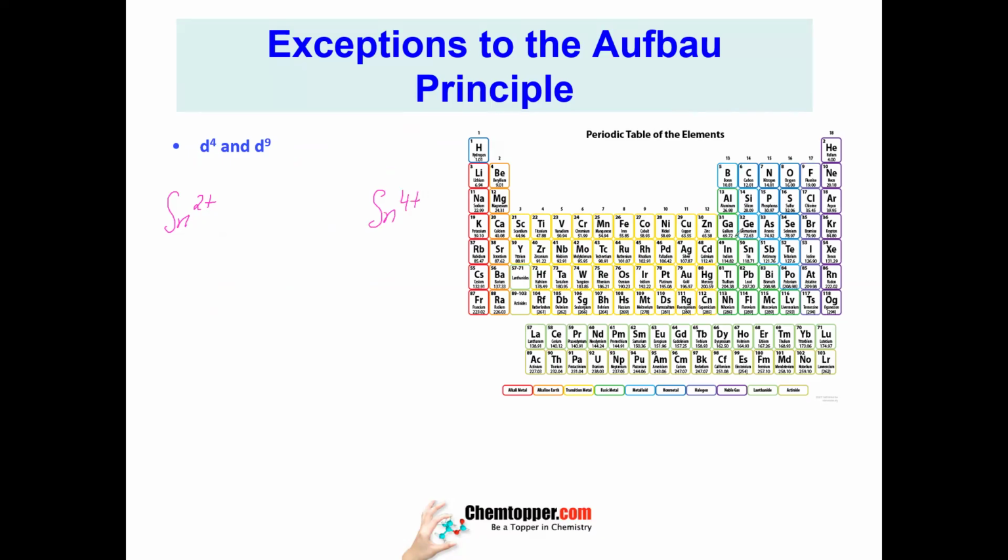Tin is here, children. So first, you write the configuration of tin. Then you circle your valence shell. Then remove electrons from there. And do the quiz based on it on the website.